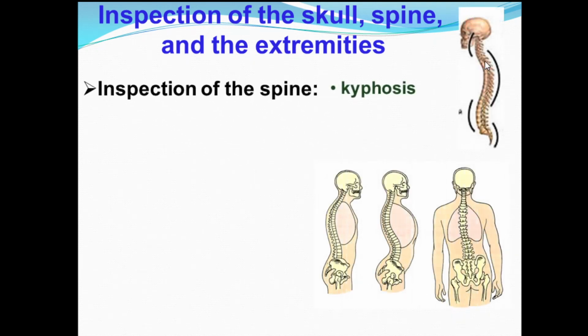On inspection of the spine we pay attention to its physiological curvatures. We distinguish 4 physiological curvatures, 2 lordoses and 2 kyphoses. But there may be some pathological kyphosis or lordosis or scoliosis, a side deformation of the spine, which may be a result of specific pathology of the spine or a complication of some diseases.